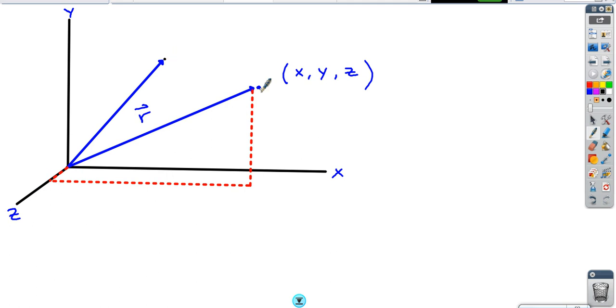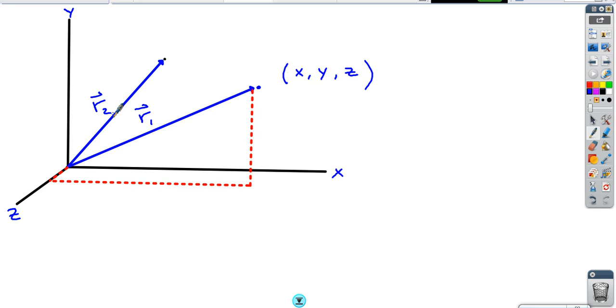So the object moves from this location to that location. So we can define a new vector that defines the displacement, the change in position from r initial to r final. So let me go back here and put this as r1, and this is vector r2. So we have an initial position and then a final position.